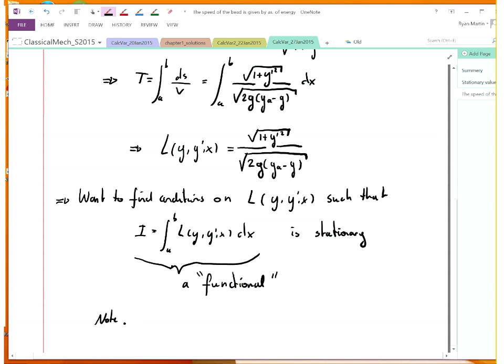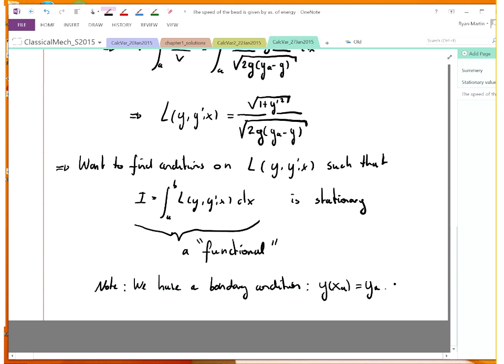And we also have a boundary condition: y evaluated at xa must be equal to ya, and y evaluated at xb must be equal to yb.